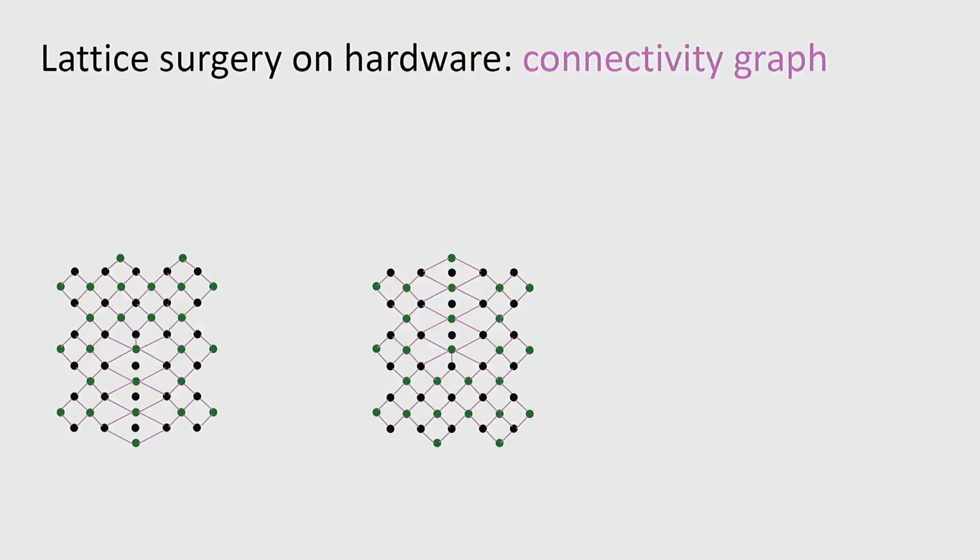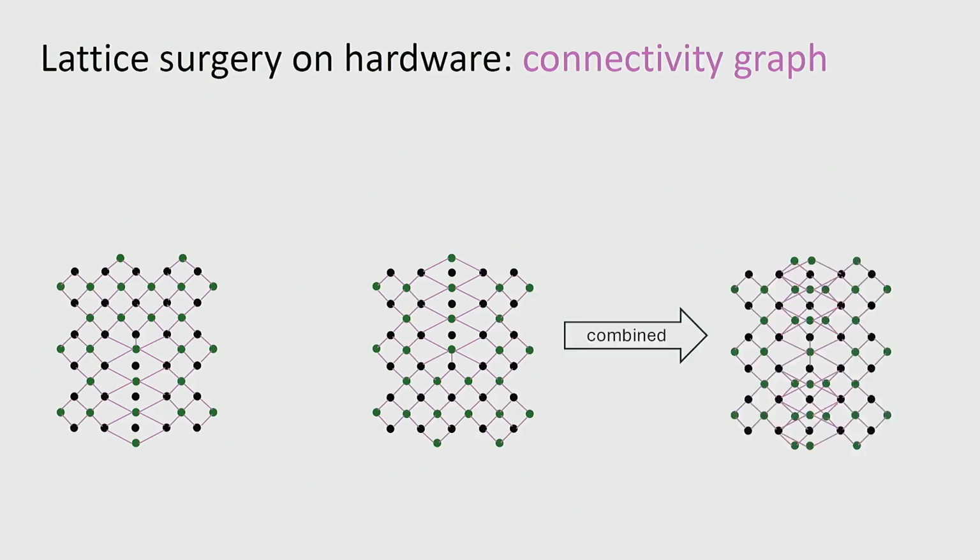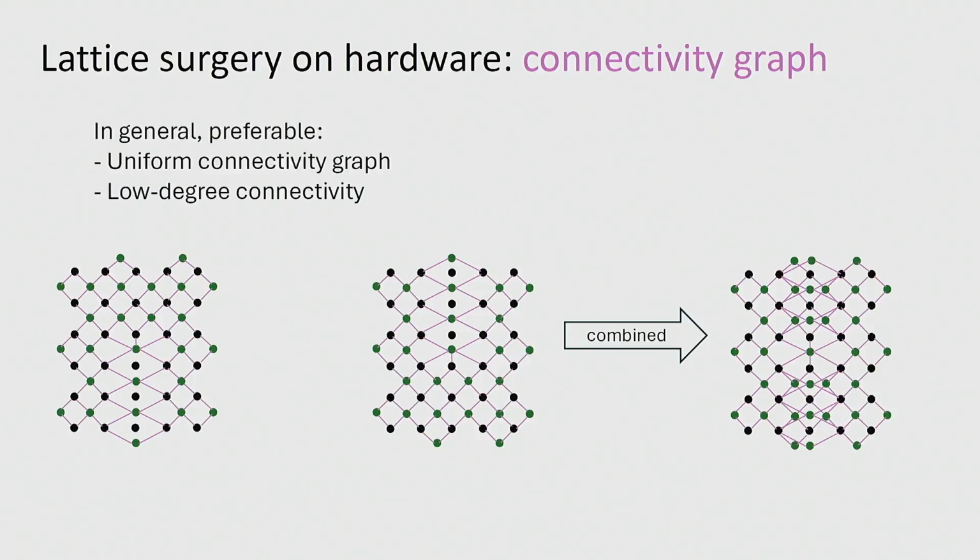These are the two graphs you have, but ideally you would like to perform this lattice surgery operation in the same place. Therefore, you have to combine the graphs, and you easily see that it quickly gets awkward, which is probably hard to engineer. It gets worse if you pose further very natural constraints on your hardware.